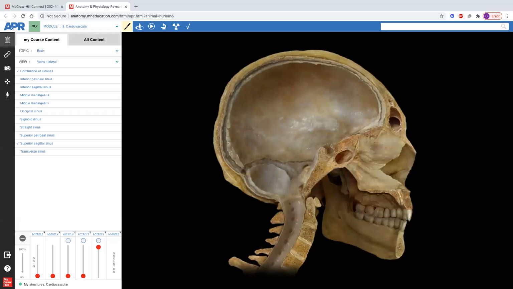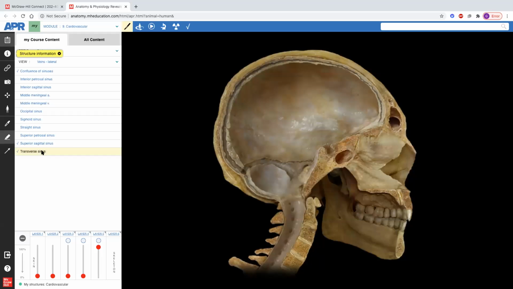Now, as we open it up, then you can see a couple of the sinuses. This is what we call the superior sagittal sinus. The superior sagittal sinus is a large vein found on the superior part of our falx cerebri. Then you see transverse sinus over here as well.